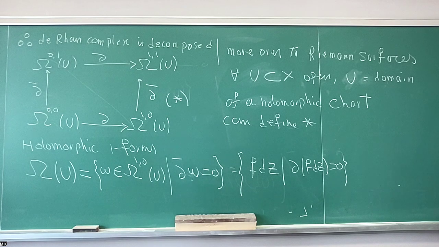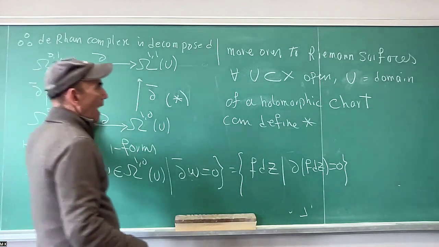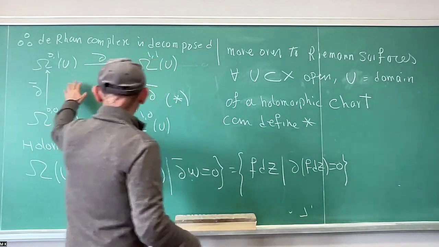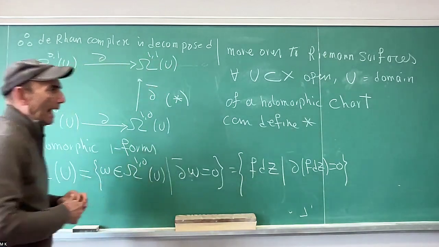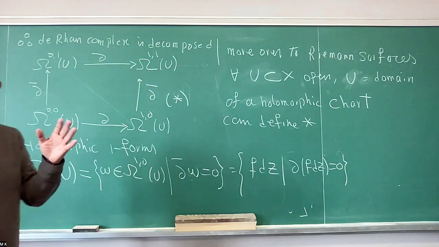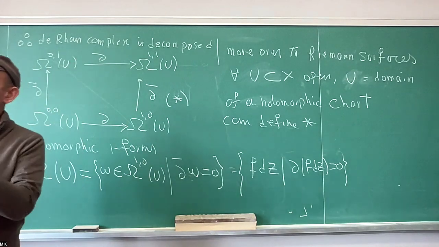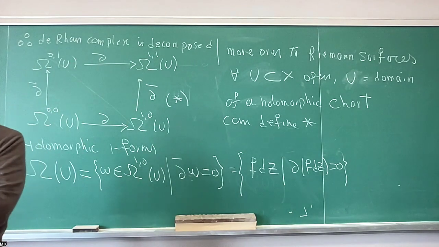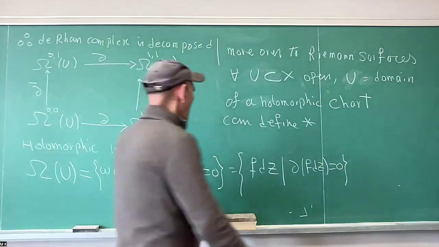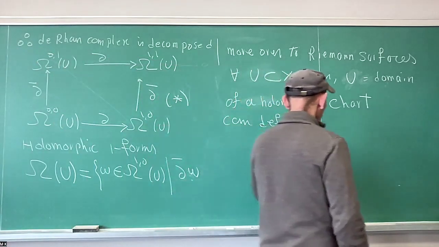You take an open subset U, take this as the de Rham complex and this decomposition over that. And we insist that all these choices should be compatible with respect to pullback of transition functions as we did in the last lecture, right? And so the condition is that.